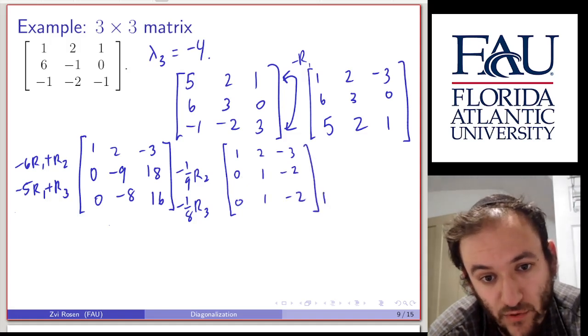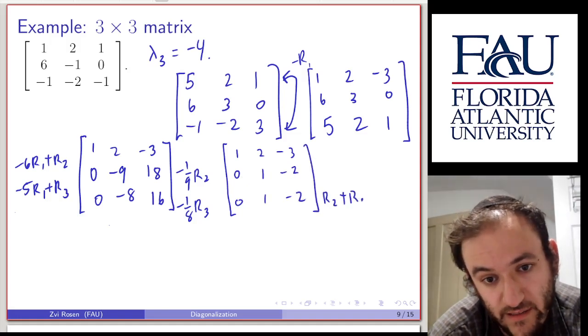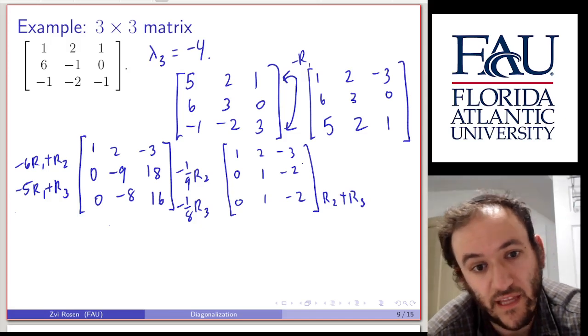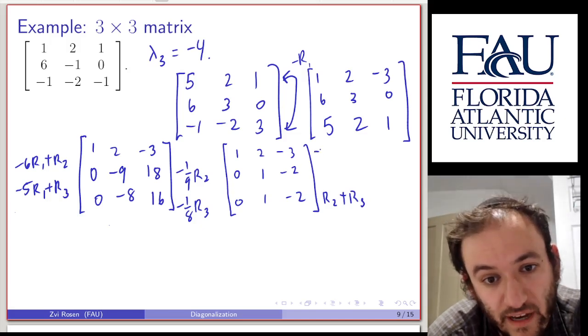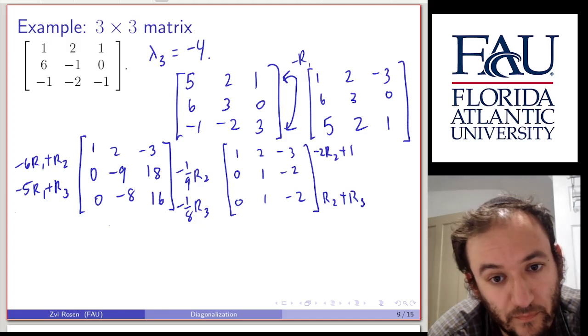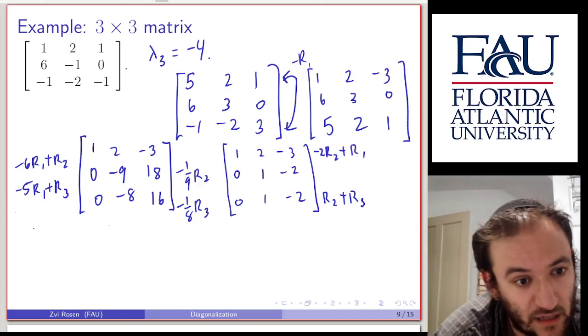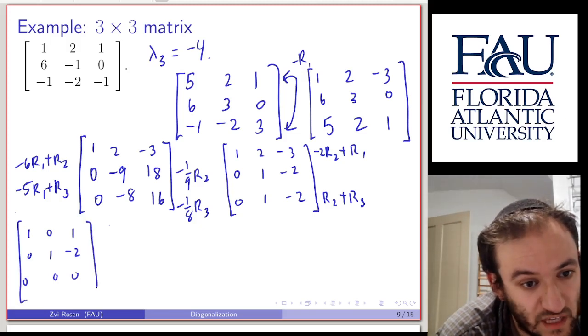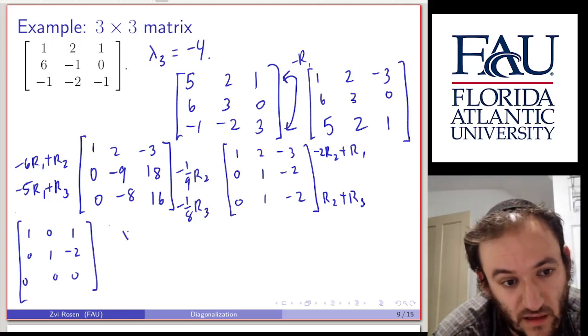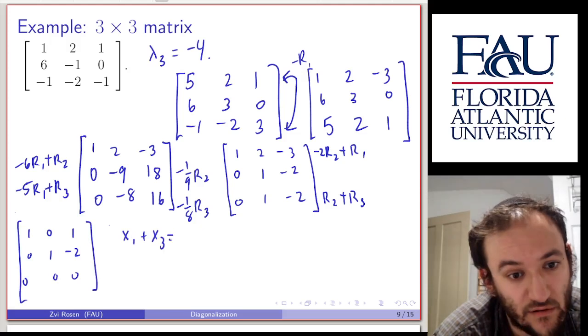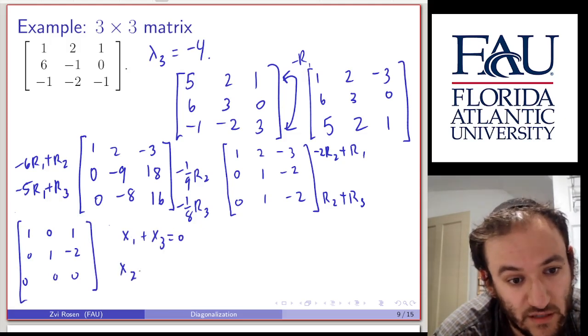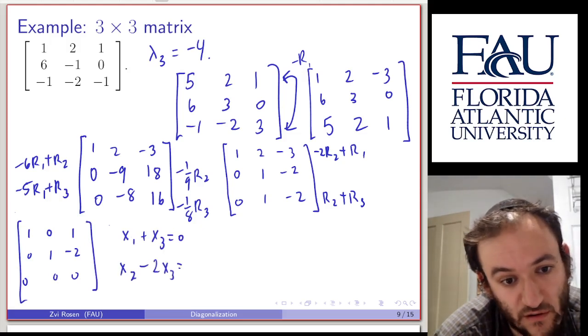Now we can add row 2 to row 3, which is going to cancel, and we can add minus 2 row 2 to row 1, and we obtain 1, 0, 1, 0, 1, minus 2, 0, 0, 0, which means that x1 plus x3 equals 0, and x2 minus 2x3 equals 0.